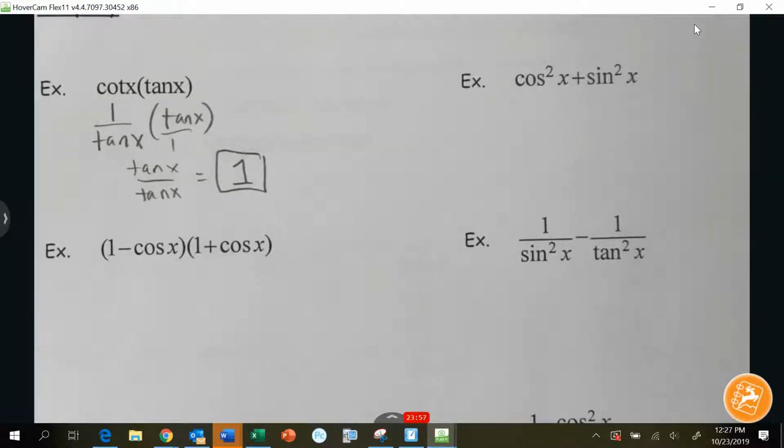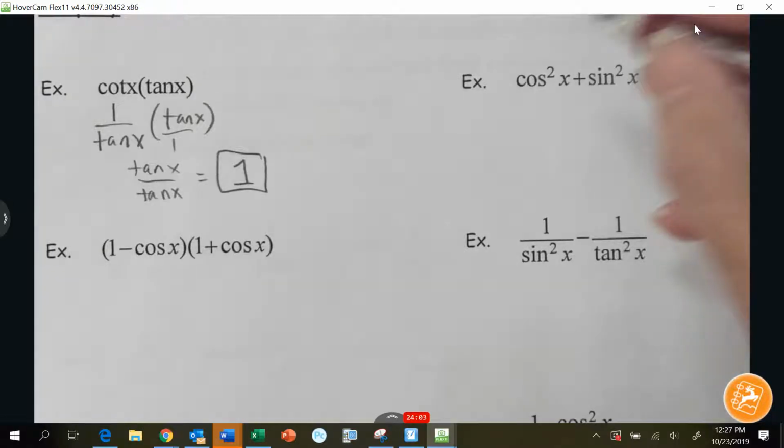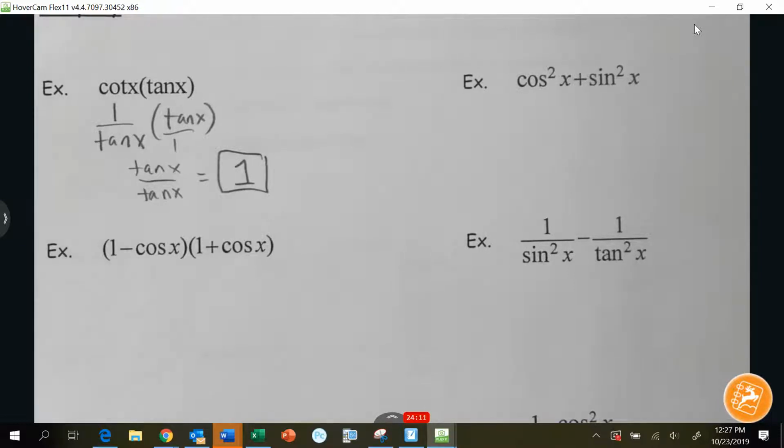Somebody? You have to look in your packet, unless you have it all memorized.